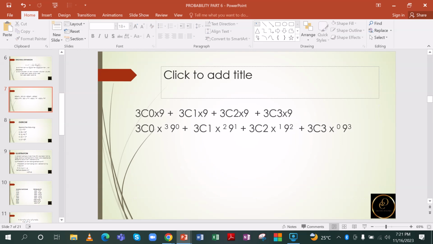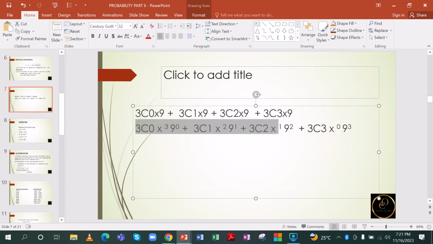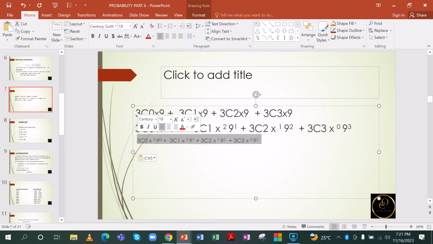Now we have to work out the coefficient. Okay. So when you calculate the combination for the first one, it will give you 1. Are we together? Yes. So it will be 1 times x raised power 3 times 9 raised power 0.